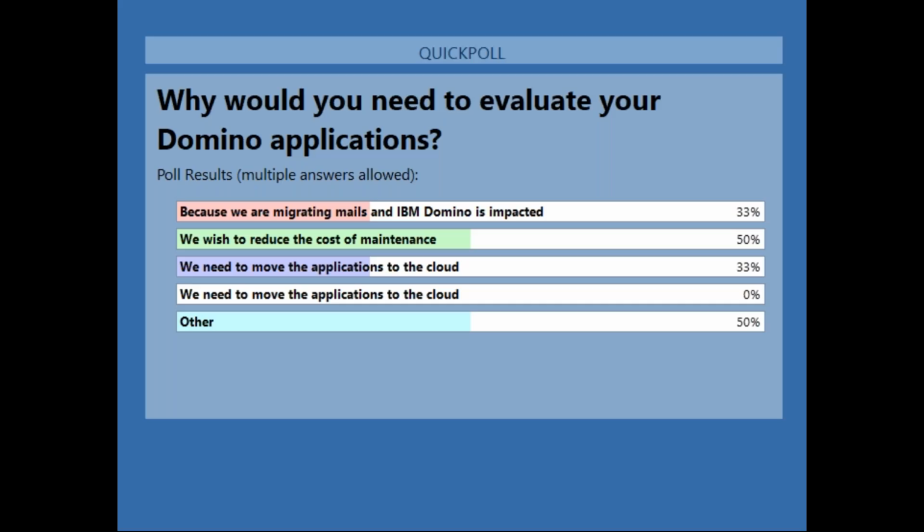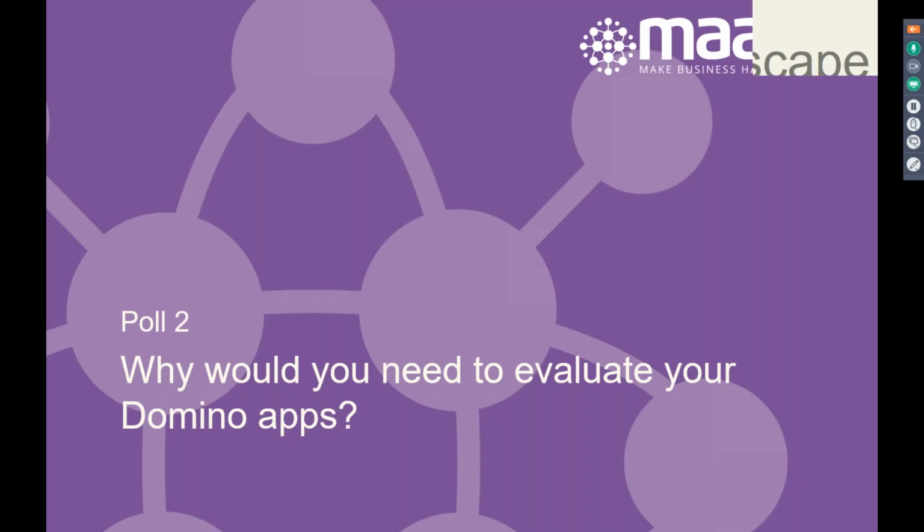So pretty much even here. 33% because you're migrating email and you want to make sure that IBM Domino's not impacted. 50% want to reduce the cost of maintenance. 33% we need to move the applications to the cloud, and 50% other. Cool. Good to know that people want to reduce the cost to maintain the Domino applications.